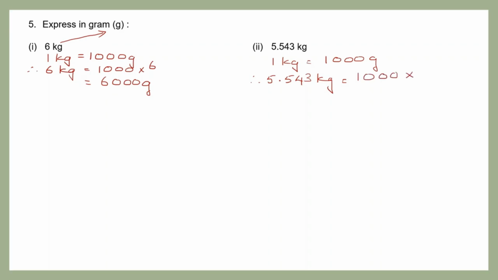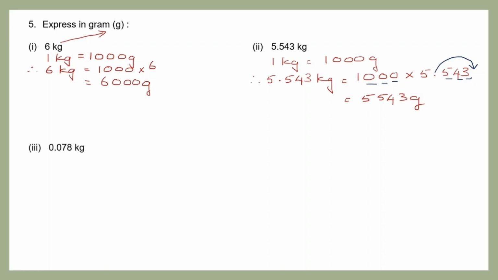So 1000 into 5.543. When you multiply a decimal number by 1000, since there are three zeros, my point will move three places to the right and come here. So let me write my answer. That will be 5543.0 or 5543 grams.